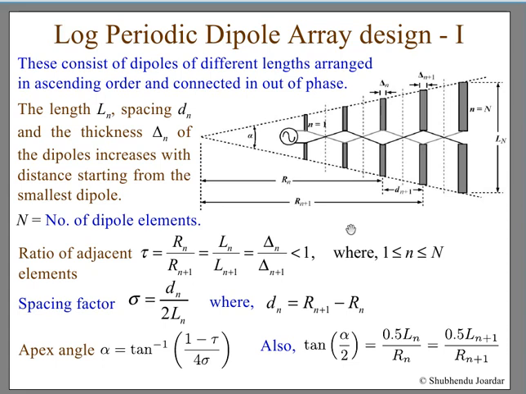But that also has some limitations. You cannot do it as much as you want. So actually, these dipole antennas are considered to be narrowband antennas. But if you stack up several such antennas of different frequency bands, maybe you will be able to create a wideband antenna.